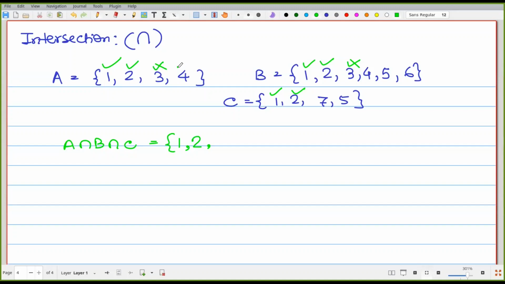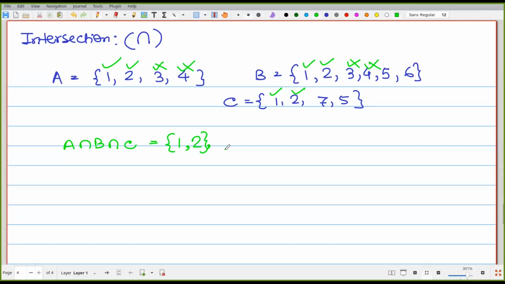Then 4, 4, 4, but 4 is not present in C. So no other elements are common in A, B, and C. That is the intersection.